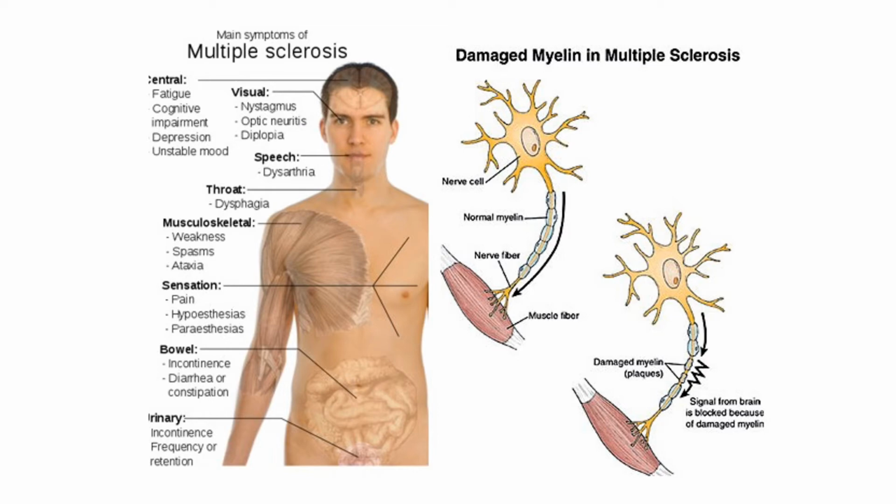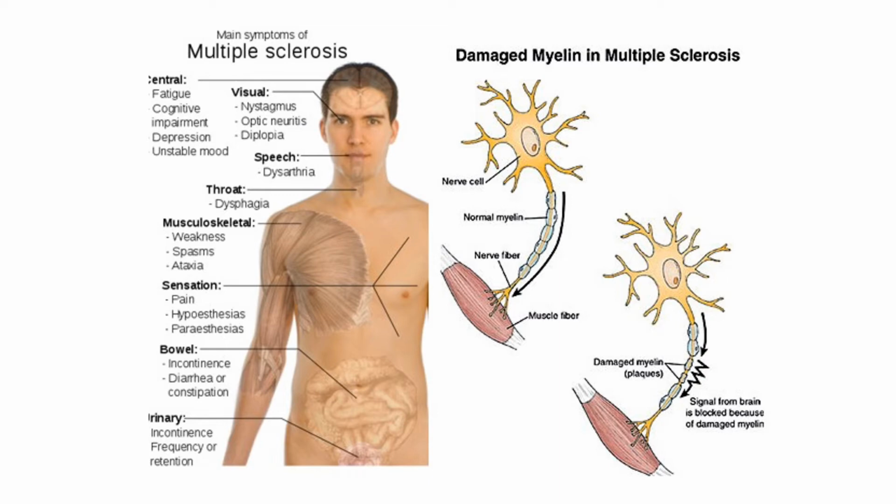So you'll see a variety of symptoms. As we said, it affects the brain, so cognitive issues. People tend to be very tired. They can be depressed. They can have unstable moods. Emotional regulation can be disturbed.